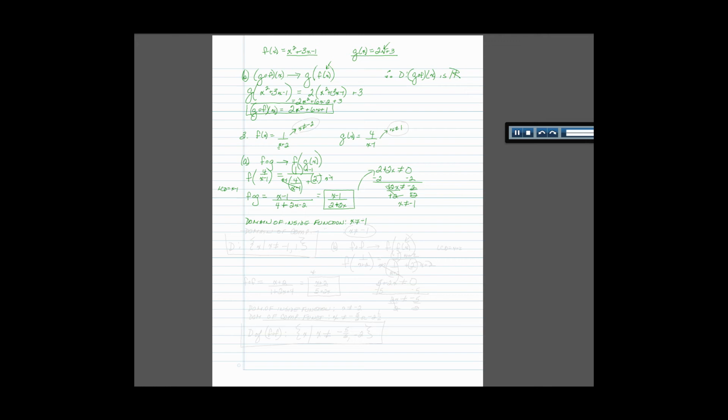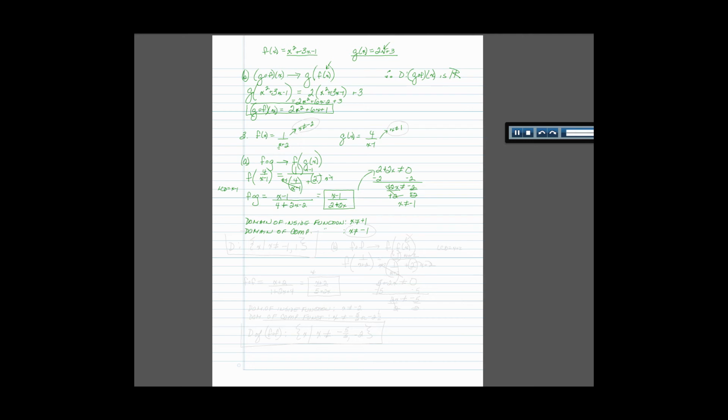All right. So the domain of the composite function, those are the two we care about. The domain of the composite function is x cannot be negative 1. The domain of the inside function was x can't be 1.